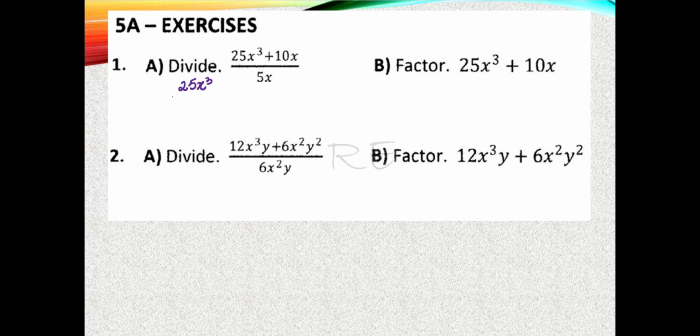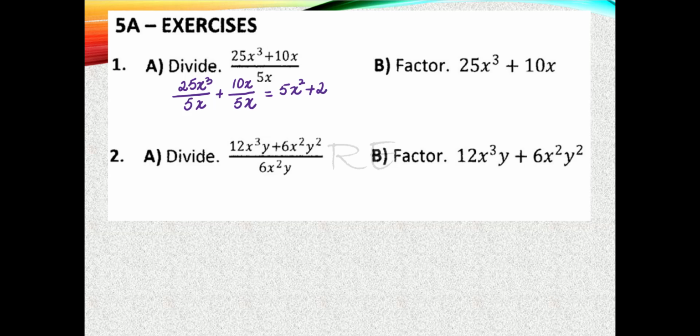To divide, let's separate the terms. 25x cubed divided by 5x plus 10x divided by 5x. 25 divided by 5 is 5, and x cubed divided by x is x squared. 10 divided by 5 is 2, x over x is 1.